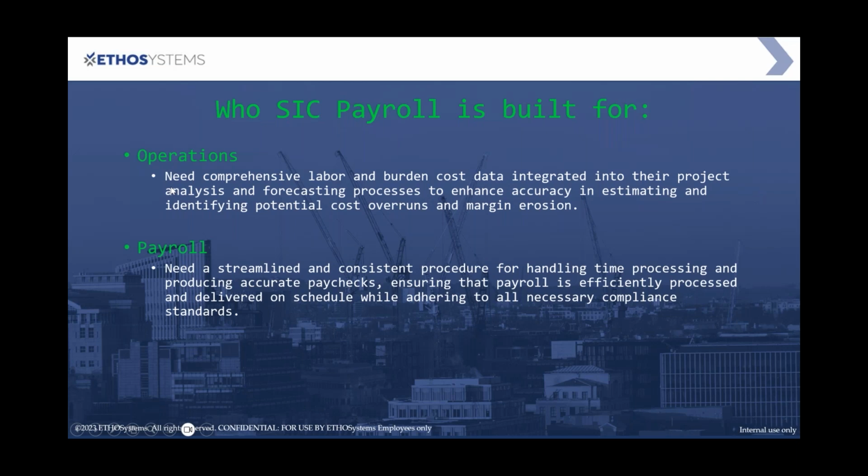So I want to talk a little bit about what the product is, how we position it to customers. So the value proposition for Sage Intacct Construction Payroll is really two-pronged. First and foremost, we provide the operational decision makers within your construction company the ability to see fully burdened granular labor costs directly in line with the GLs. Now, why is this important?